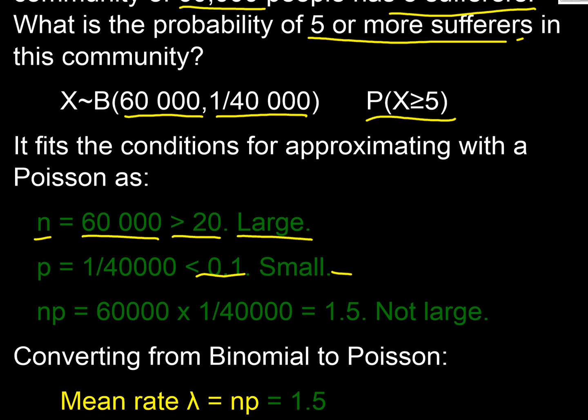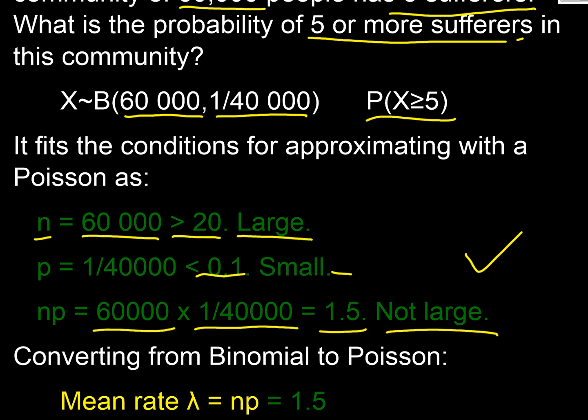Okay, what's our np value? Well, that's 60,000 times 1 in 40,000, which is 3/2, and that gives us that we should be seeing 1.5 people with this disease in the community. So that's not large, so it's all okay to apply it.